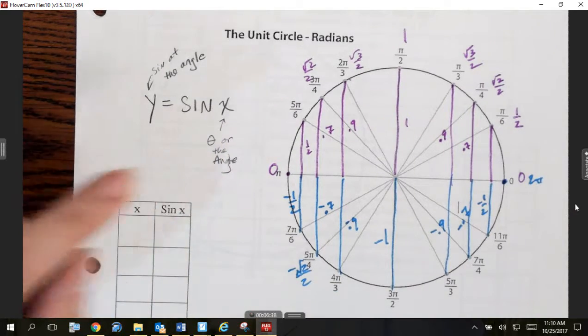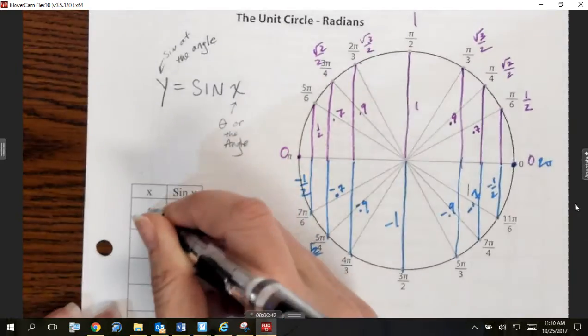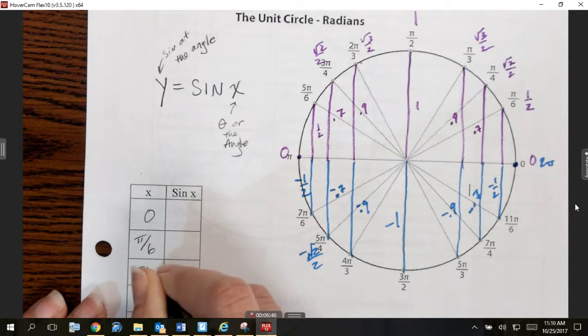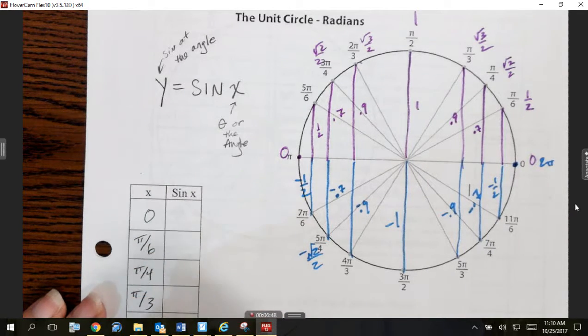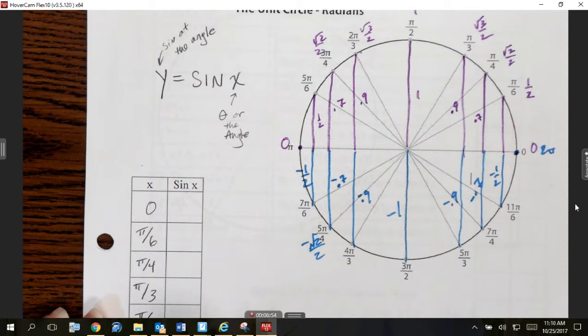The angle. So what angle do we start at? 0. And then we go to pi over 6, pi over 4, pi over 3, pi over 2, 2 pi over 3. I'm going to stop saying them out loud now.